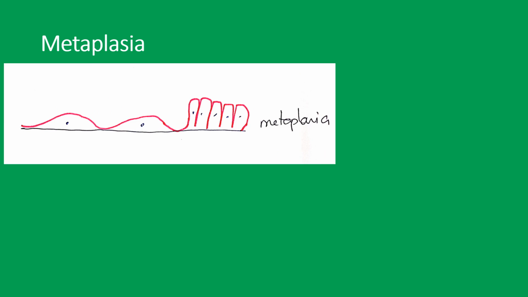Metaplasia is a conversion of one type of epithelium into another type of epithelium. I'll give you an example. The stomach contains columnar epithelium, and the esophagus contains squamous epithelium. If the acid keeps regurgitating into the esophagus, it has to secrete mucoid material so that the esophagus does not get damaged.